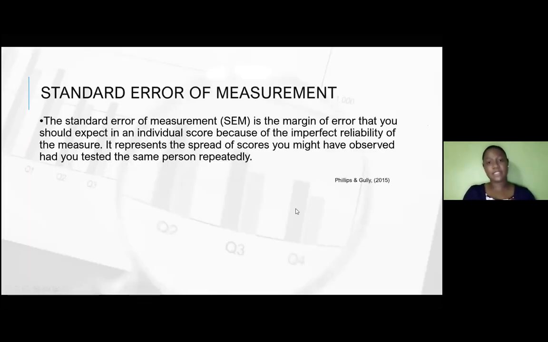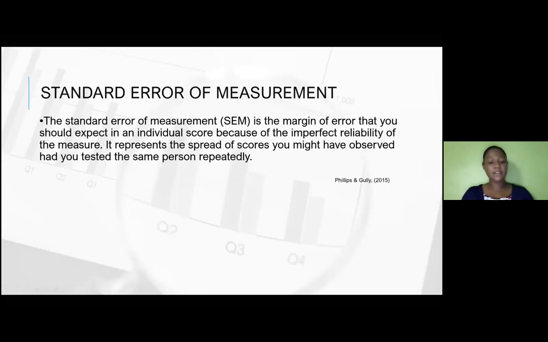So now I'll be focusing on standard error of measurement. What this refers to is the margin of error that is expected in an individual score because of the imperfect reliability of the measure. Remember, I stated before that all of our measures will be affected by random error, and that is what makes it imperfect.